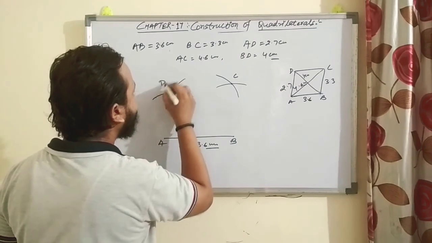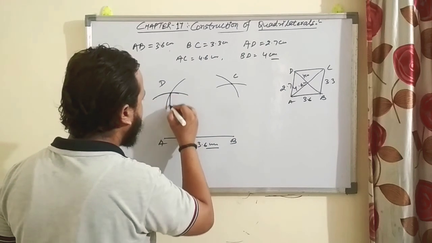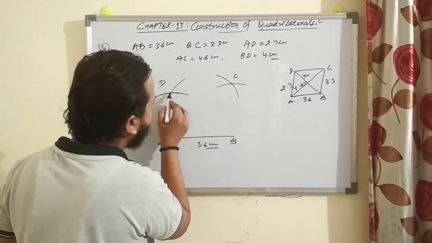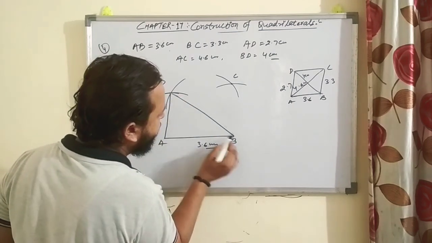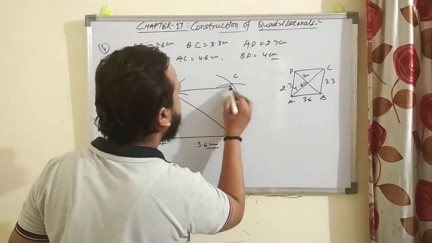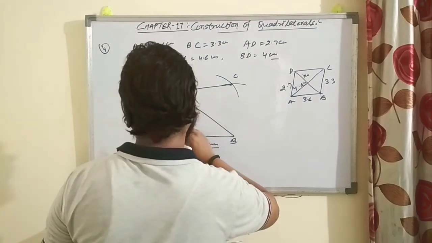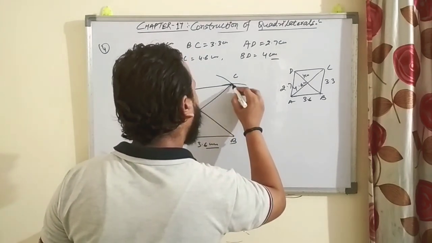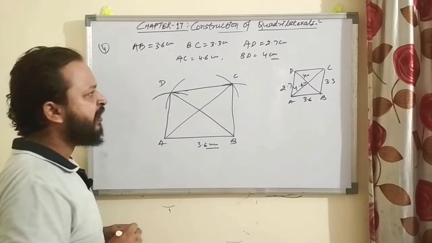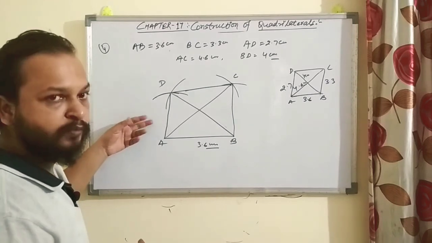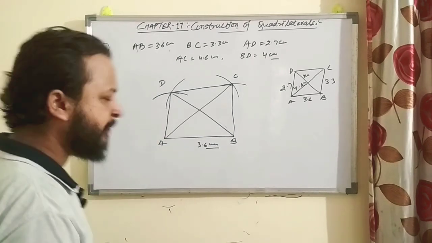So this point of intersection of two arcs gives the point D. Now join them: D to A, D to B, D to C, and A to C and C to B, right? So this is the required diagram of question number 4. It means you have constructed something like this type of diagram.